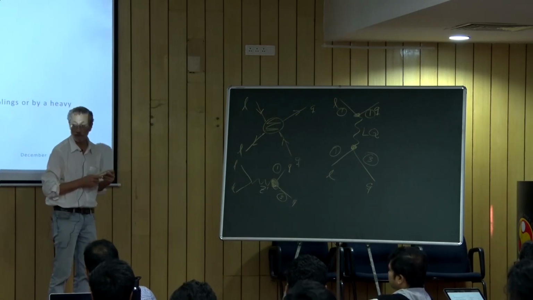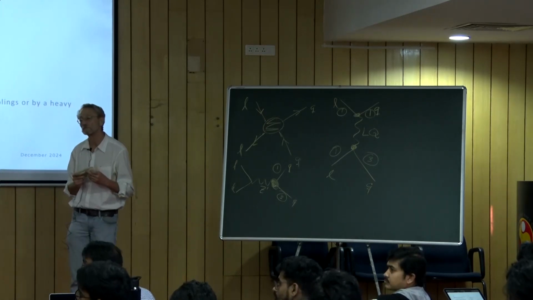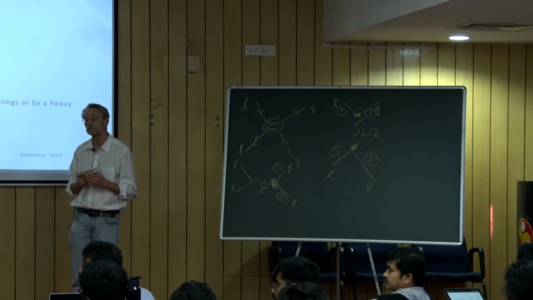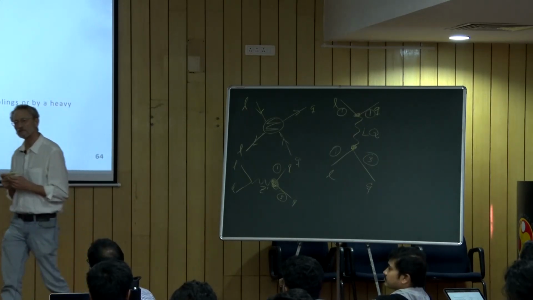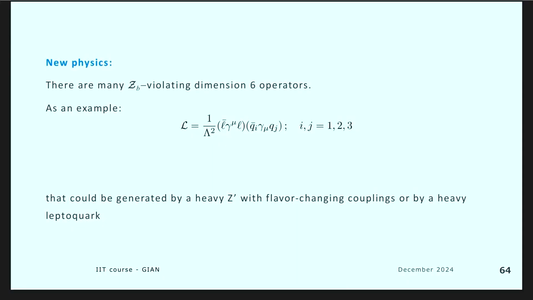It's more complicated. Another point: suppose we have written this operator in the mass basis. In this operator, Q is the quark doublet. These are all doublets, the standard SU(2) isodoublets.